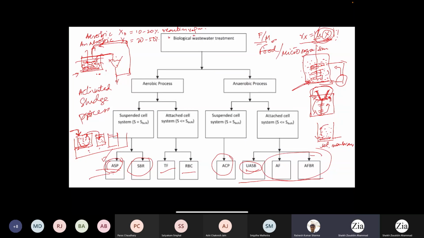Design wise, the activated sludge process is actually a CSTR with cell recycle. It's one of the simplest designs, and the startup period is also very short because you can easily set up the reactor and start operating it without much delay.